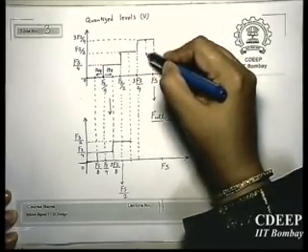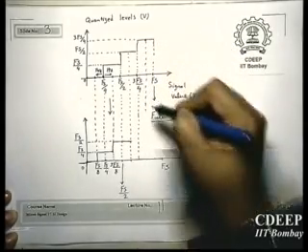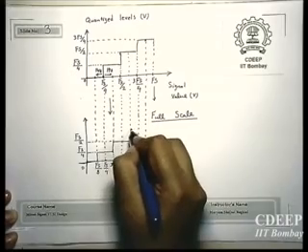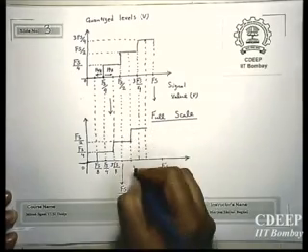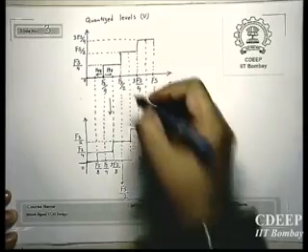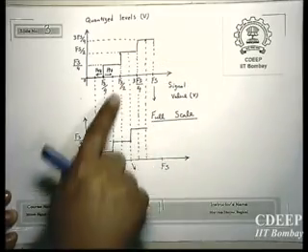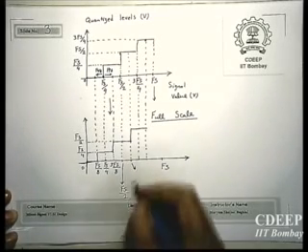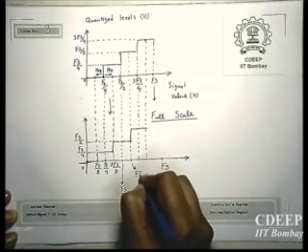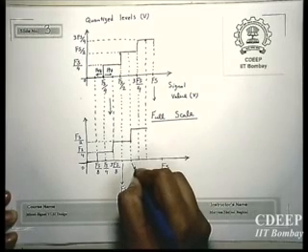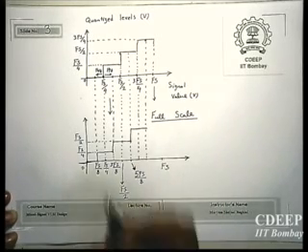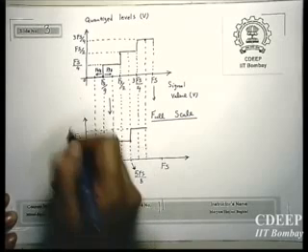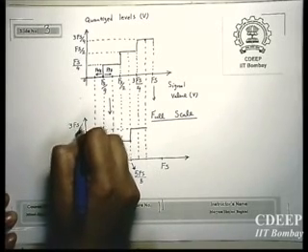Again, the middle point here. So this point now will be Fs by 2 plus Fs by 8, which will be 5 Fs by 8. And this is Fs by 2. And that is 3 Fs by 4.